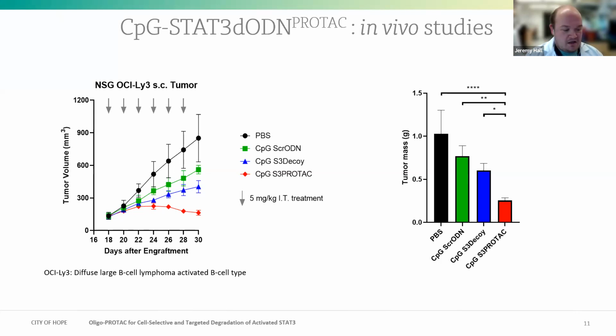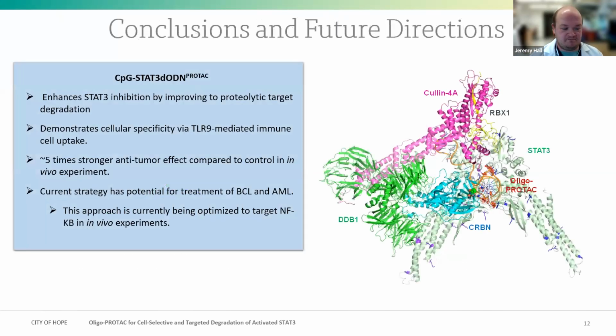So in conclusion, hopefully I've been able to show you that we can build on the original STAT3 decoy with this new PROTAC strategy. I think we've been able to show that we can upgrade temporary inhibition to more powerful degradation while maintaining the cell-specific delivery and the affinity for STAT3 that are going to be crucial components for delivering an effective therapy in the future.